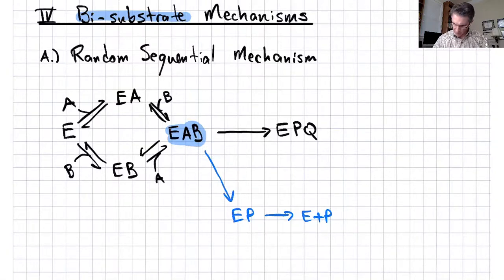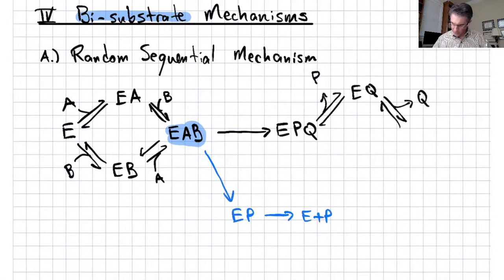For enzymes that follow this mechanism, you could go either way. You could release P first, form this EQ complex, and then let go of Q. Or you could go the other way, in which case you would let go of Q first, form the EP complex, before then letting go of P to regenerate the enzyme.